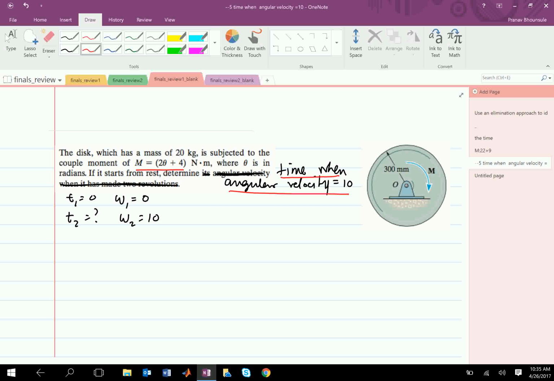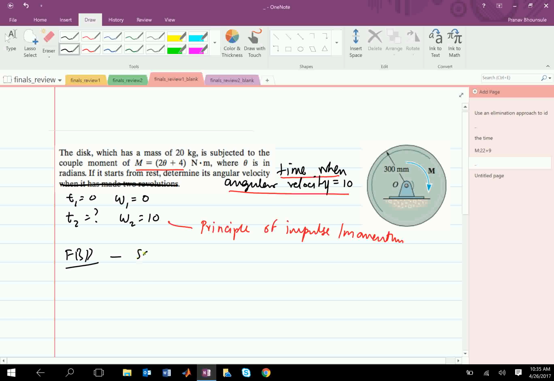Okay, so if you're asked to find speed as a function of time, it seems that you need to use the principle of impulse momentum, right? FBD, same as previous.